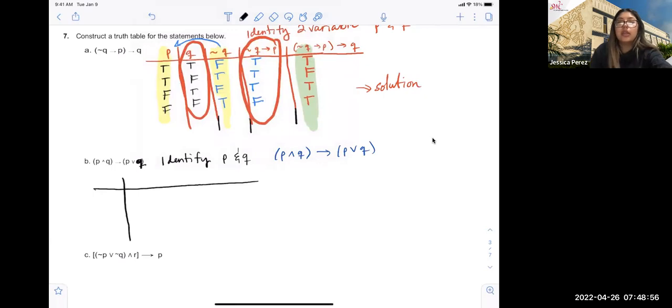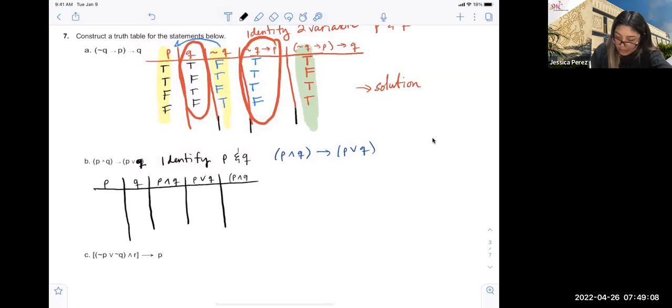So I want to see all of your work. You have P, you have Q, you have P and Q, P or Q, and then you have P and Q implies P or Q.